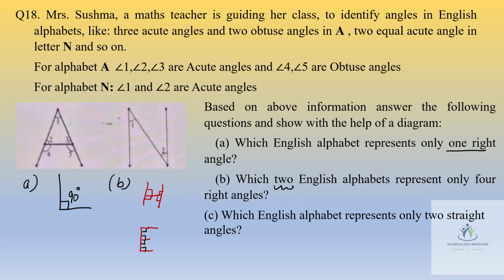Now next is an English alphabet that represents 2 straight angles. For two straight angles, I can use I. Both sides, two right angles. There are more alphabets you can explore.